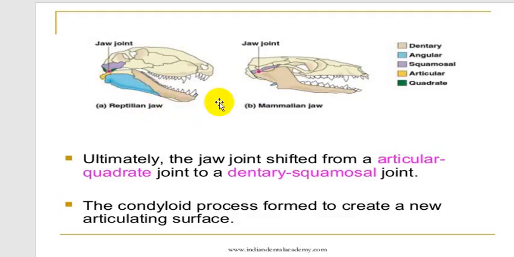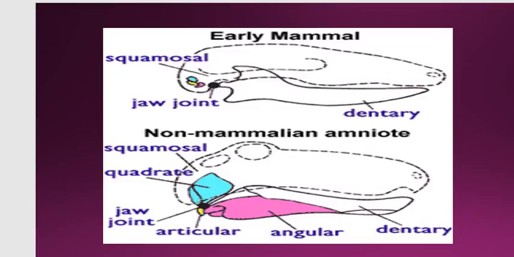When mammals were developing, these bones started reducing, and eventually the mandible, or dentary bone, extends, and these bones become very small and eventually create the structure named malleus.